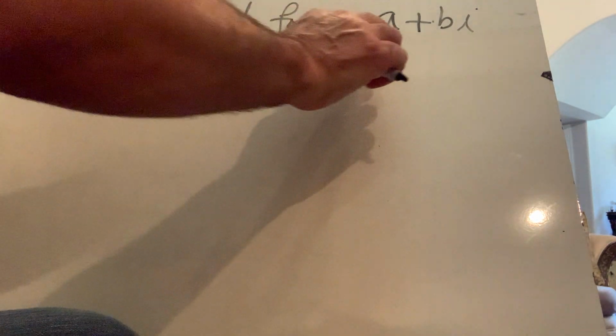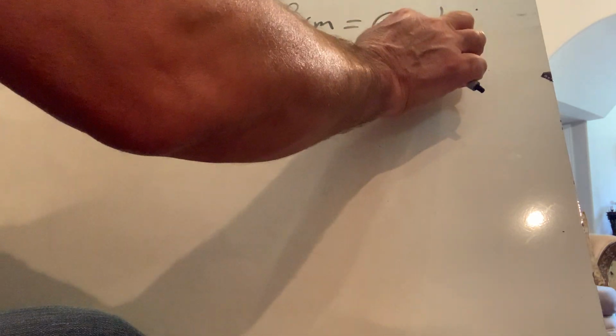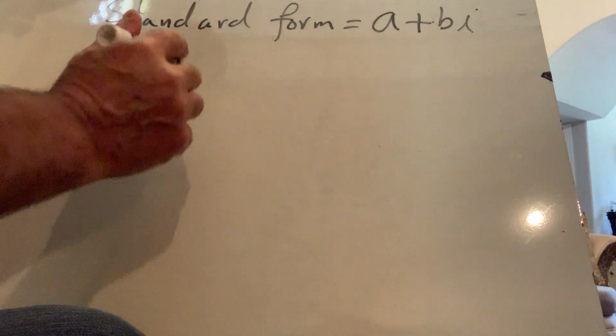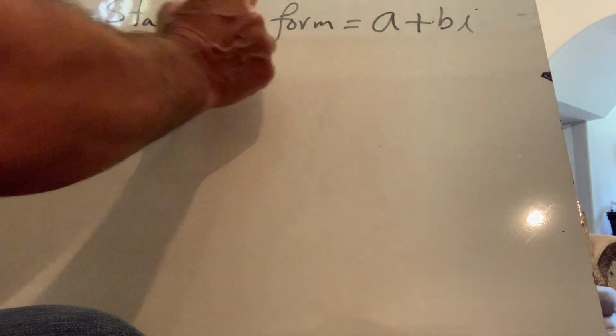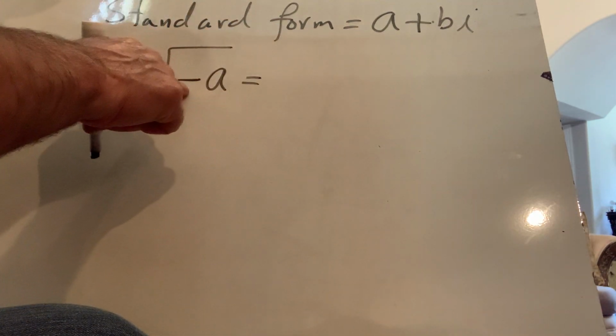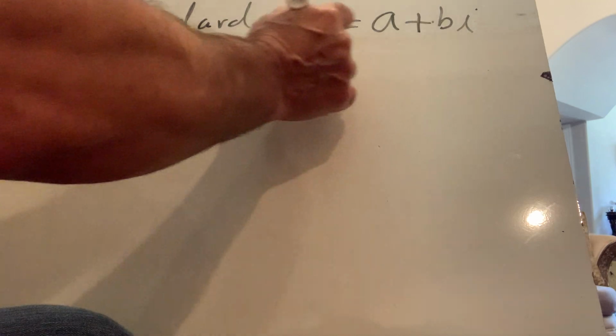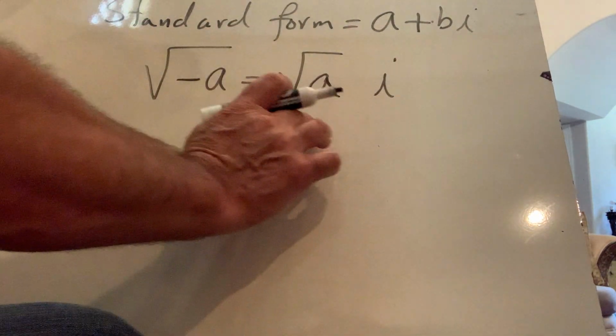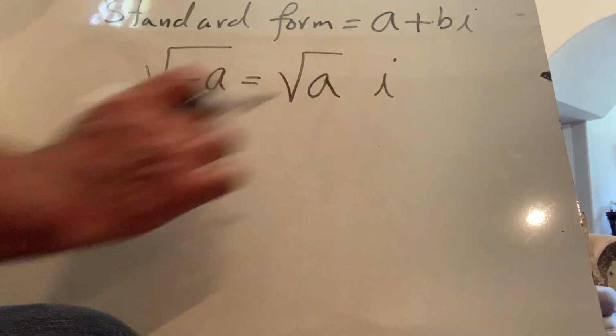We call a the real part and b the imaginary part of the complex number. One of the rules we just used says that anytime you have the square root of a negative number, which we can never leave under the square root, you can remove the negative and then bring in the i.